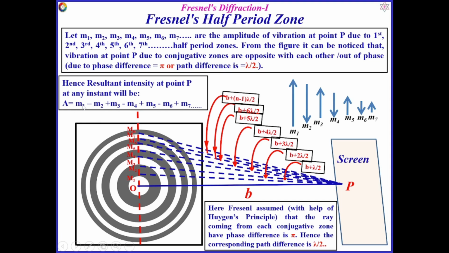M1 is along this direction, so M2 is in the opposite direction due to phase difference pi, so they subtract. M3 will add up because M3 is along the same direction as the first half period zone. In this way we can evaluate the resultant intensity at point P by considering all the zones.